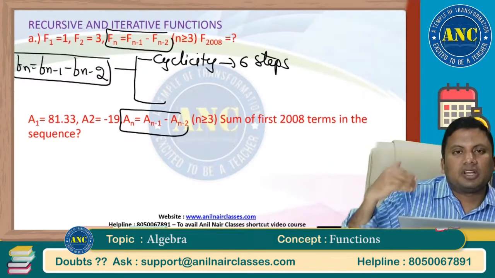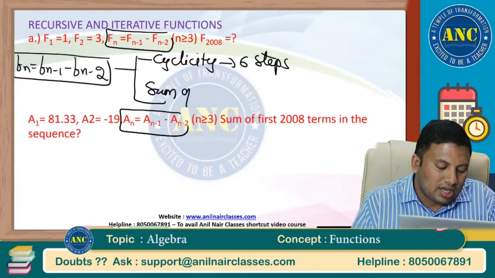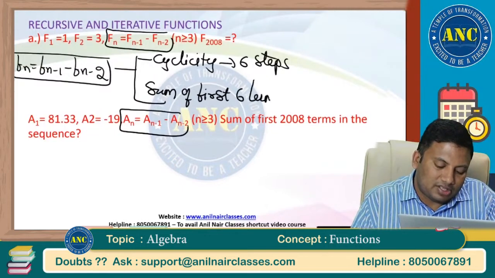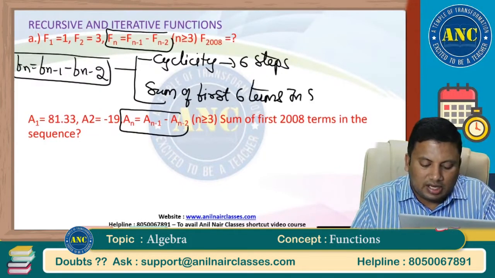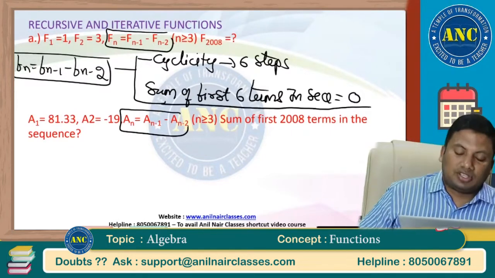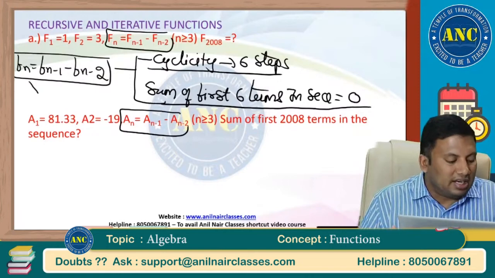After 6 steps, it will come back to the initial value. The next conclusion is that the sum of the first 6 terms in the sequence is 0.